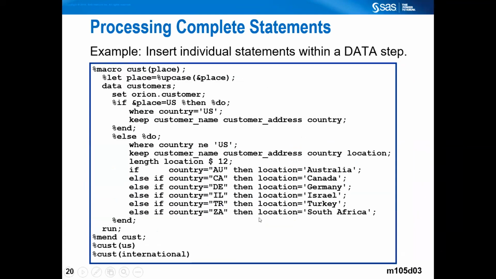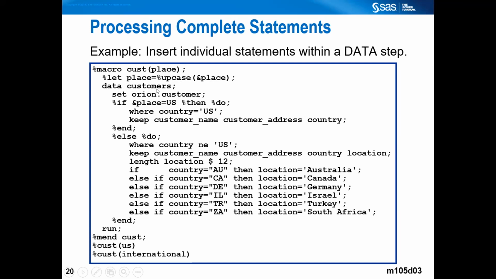Okay. All right. So you can also insert individual statements within your data step. So within your percent if percent then you can insert individual statements. Now look at here. You're creating a macro variable called place, where this place value will be upcased on your ampersand place. Now what is this ampersand place? It will be a macro variable where you will be calling it in this macro.